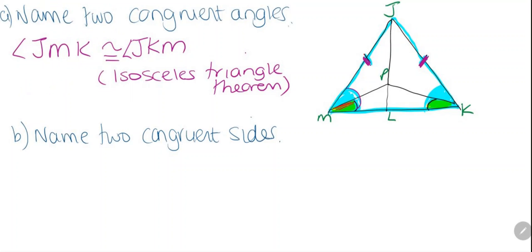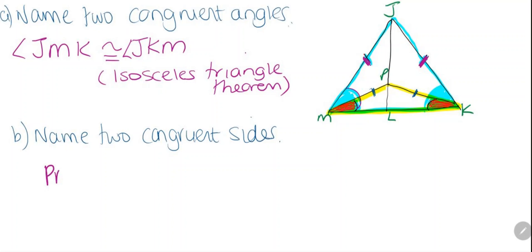So this is what we were given, these two angles here, and we'll look at the triangle MPK. If you look at MPK, we're given that we have two congruent angles. So we know that if we have two congruent angles, then these sides must also be congruent. So let's write that down.